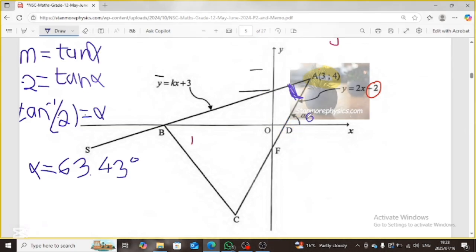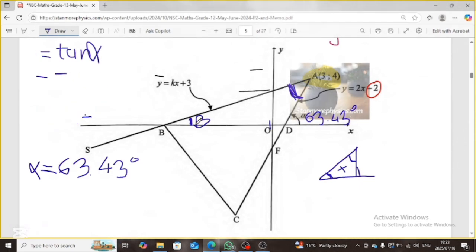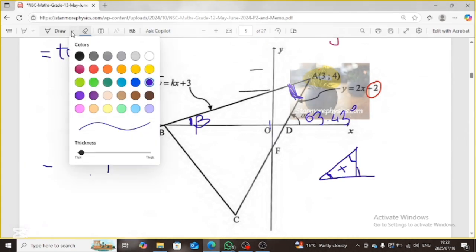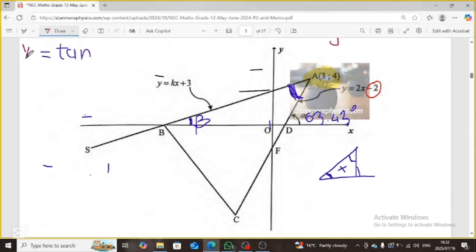Now back to the question with the angle of inclination of the positive gradient, alpha equal to 63.43 degrees. The exterior angle of a triangle is equal to the sum of the two opposite non-adjacent interior angles. Let's let angle EBD be beta. Using the same formula of the angle of inclination, m equals tan beta.